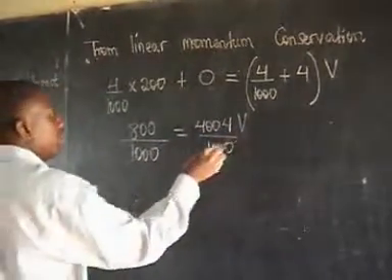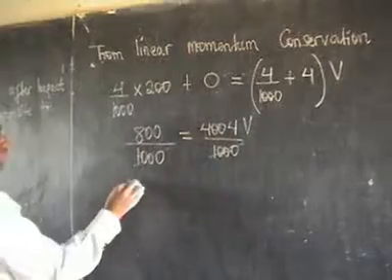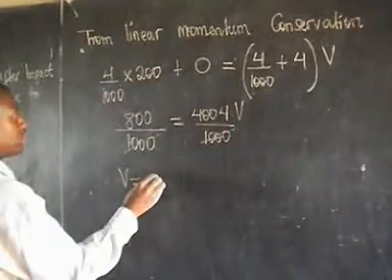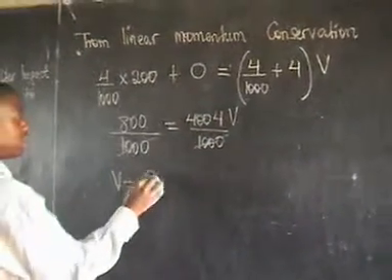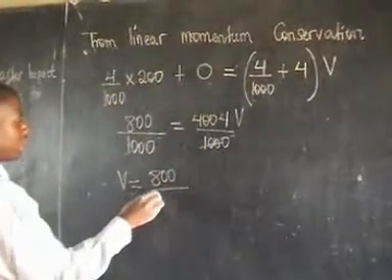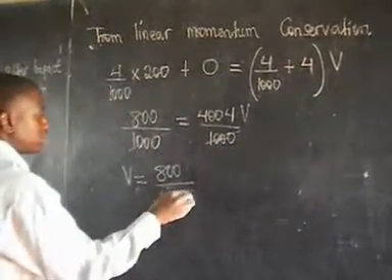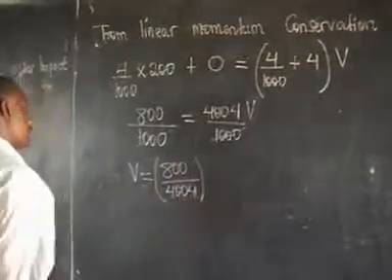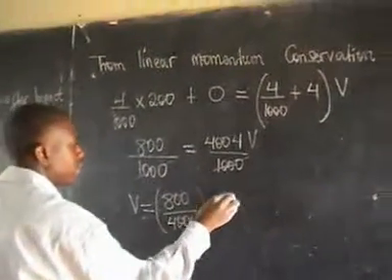So this 1000 will cancel. So we shall get v is equal to 800 divided by 4004 meters per second.